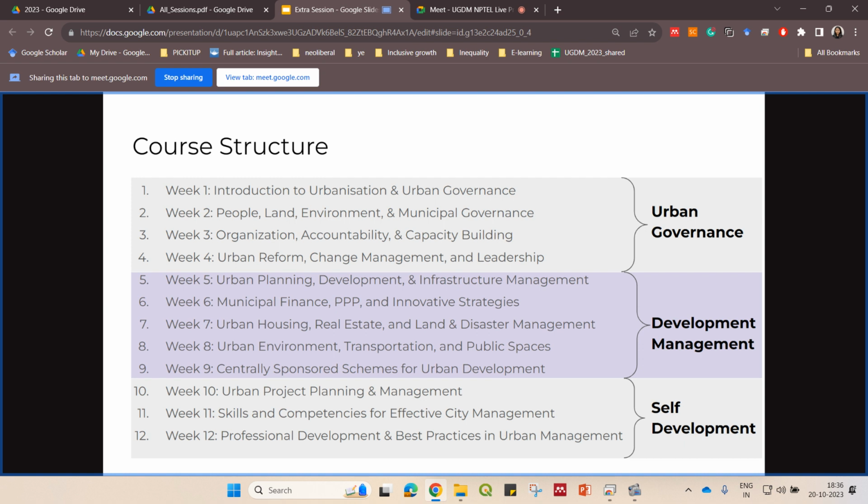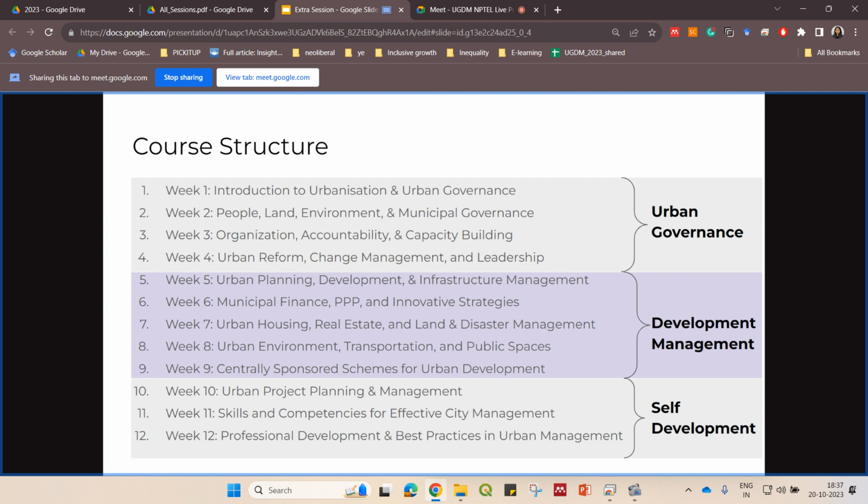Next would be week 9, which is the last week for development management. So, in this week, you would have studied centrally sponsored schemes for urban development. So, the first lecture would have been covering different centrally sponsored programs and schemes that exist and how they are used or how they enable urban governance and development function in Indian cities.